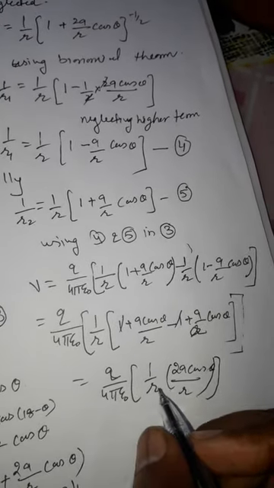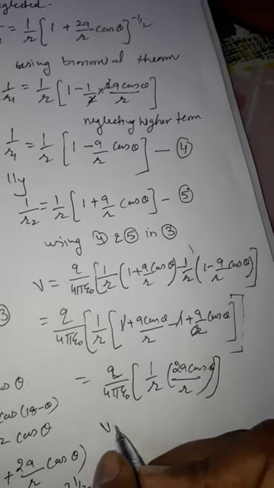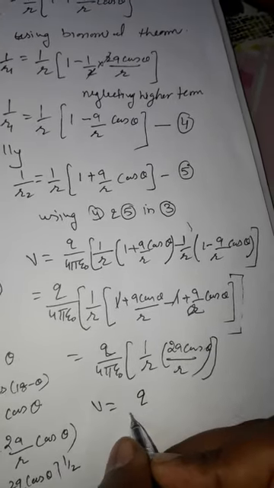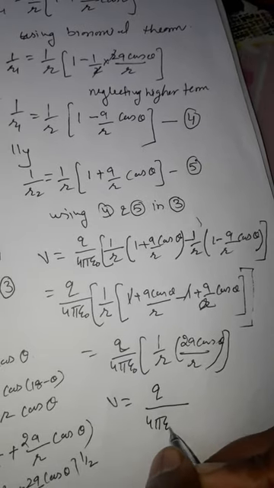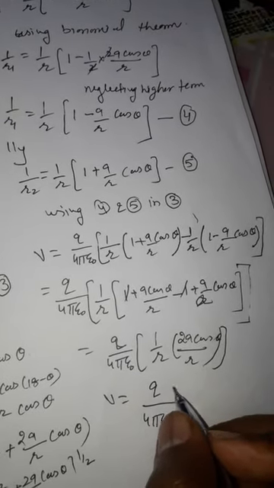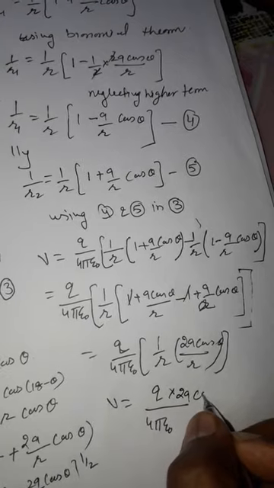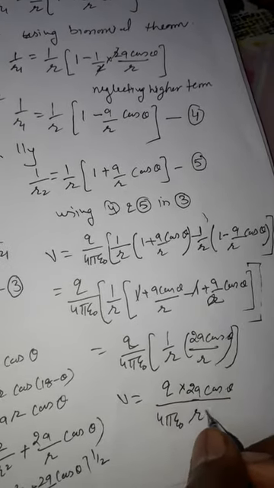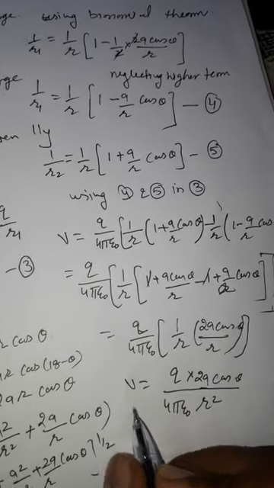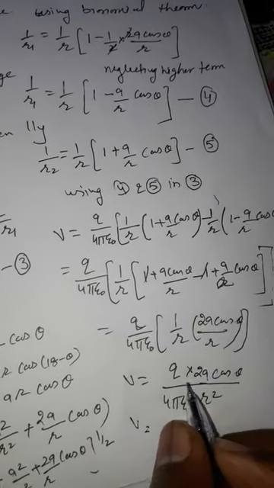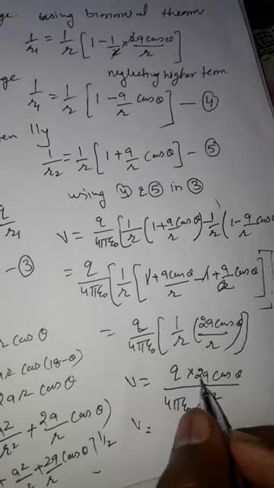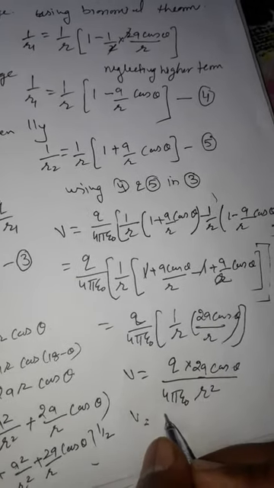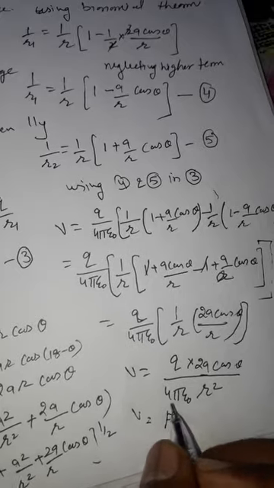So V equals q upon 4 pi epsilon naught into 2a cos theta upon r square. Now q into 2a, that is charge into dipole length, is the dipole moment p.